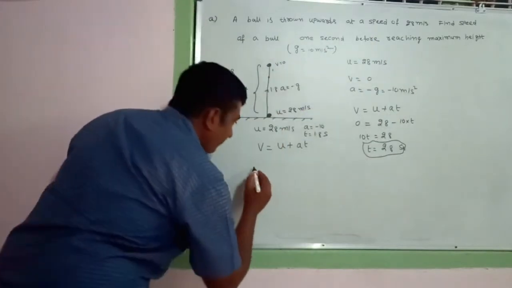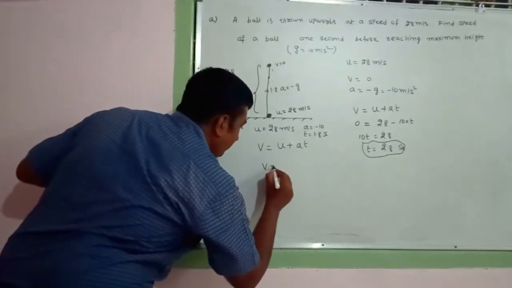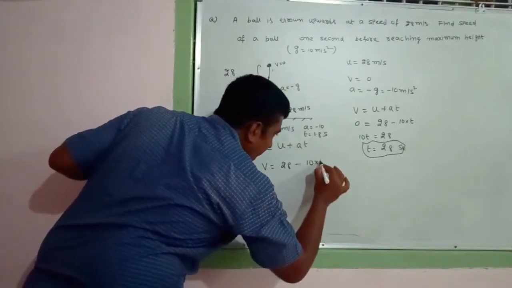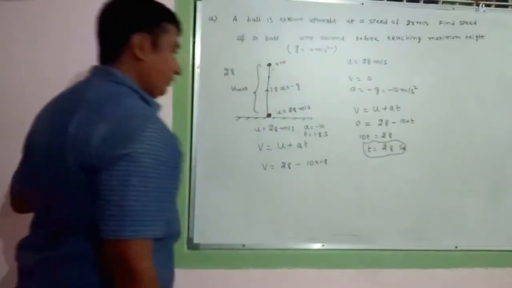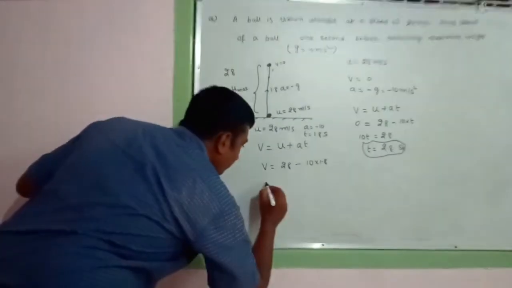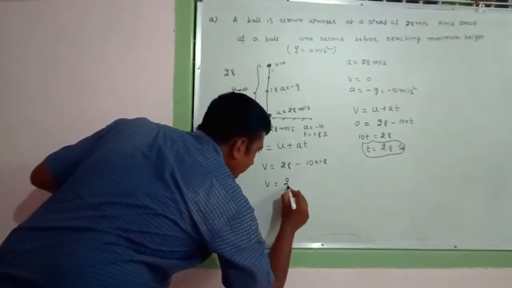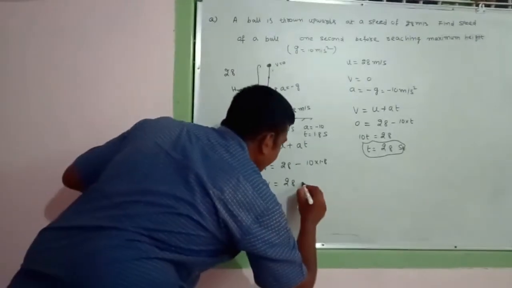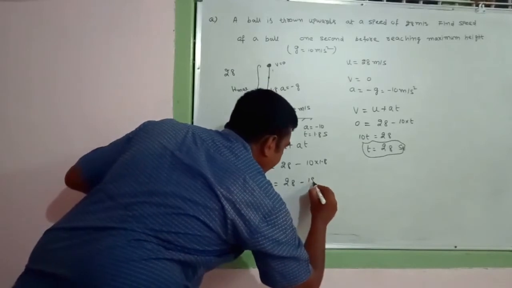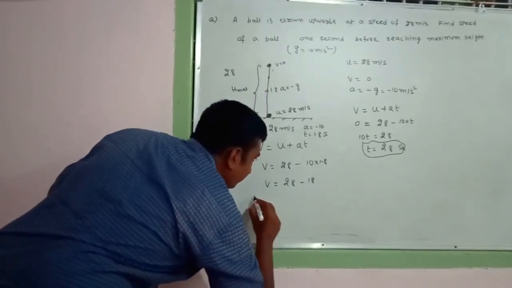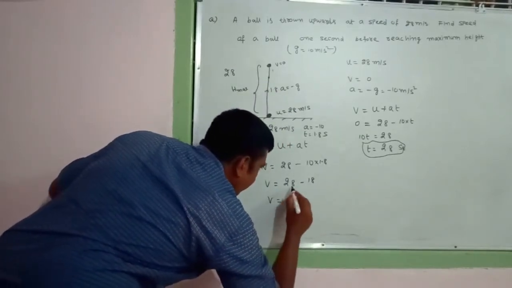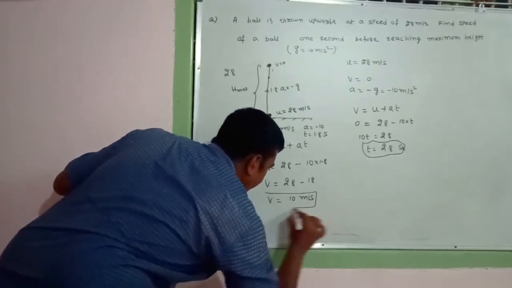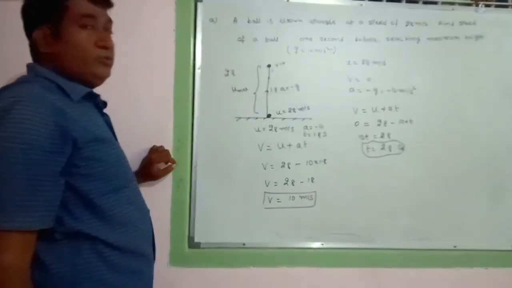With the help of this, v equals 28 minus 10 into 1.8. So how much am I going to get? v equals 28 minus 18, which is nothing but velocity v equals 10 meters per second, which I am going to get.